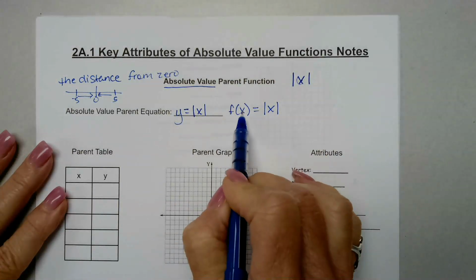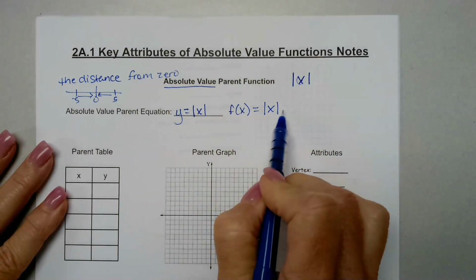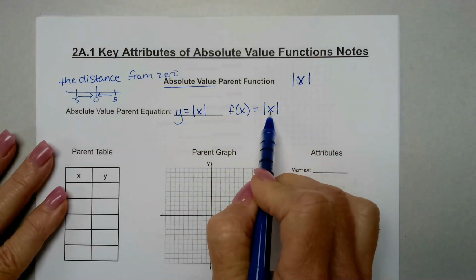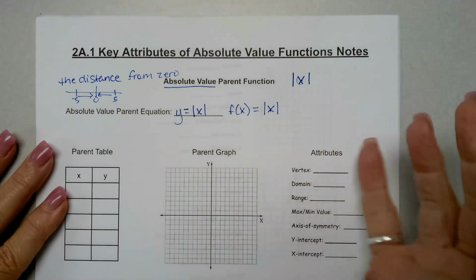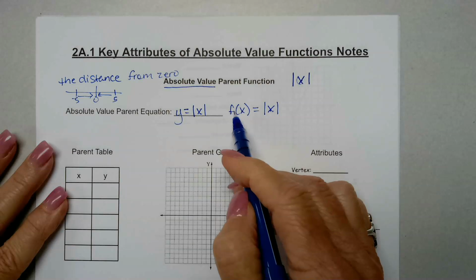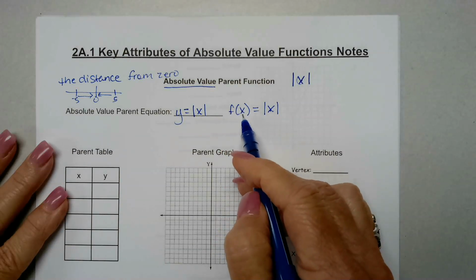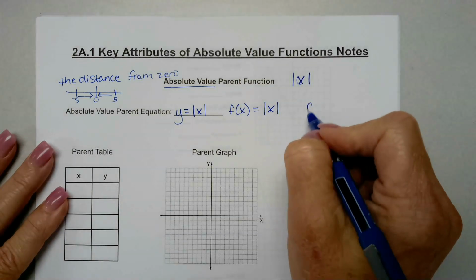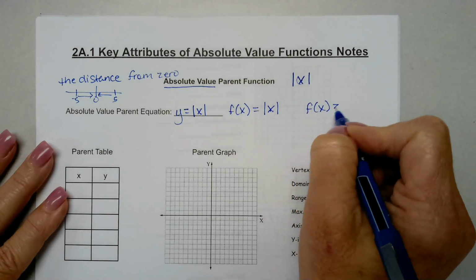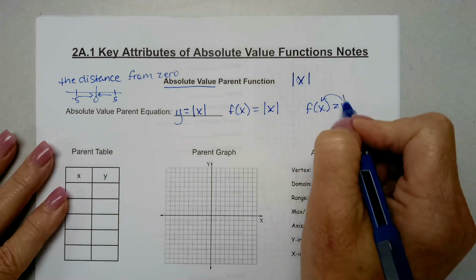So this x is our input, and we input it into our absolute value brackets. The function of that is the y. So when we get our result, the function of that particular x will equal our y. So I want you to make a note of that. F of x is your y. They are one and the same.